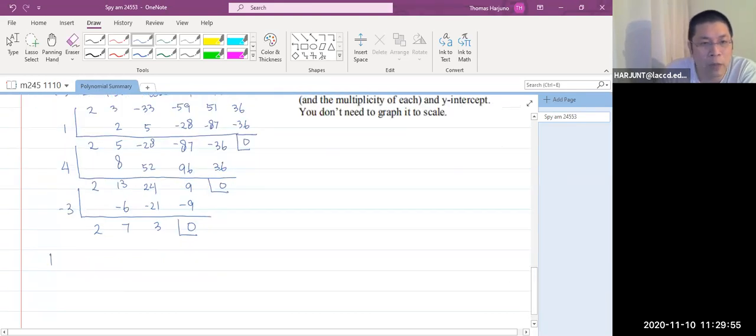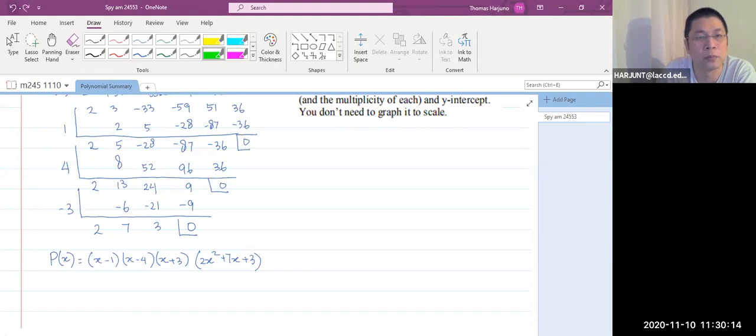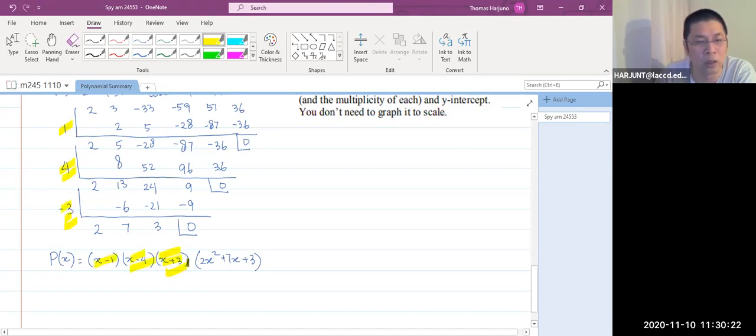So right now, my px can be rewritten as x minus 1, x minus 4, x plus 3 times 2x squared plus 7x plus 3. I hope you know where I get this from. 1, 4, 3.